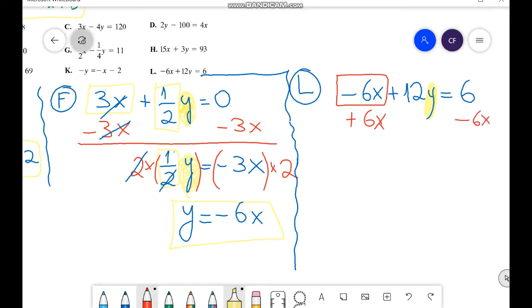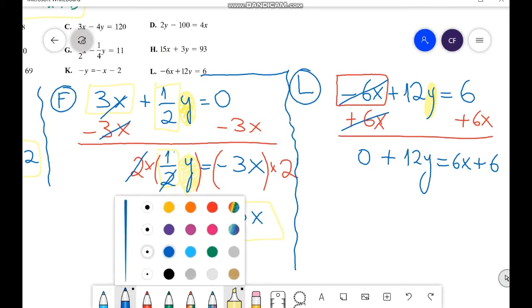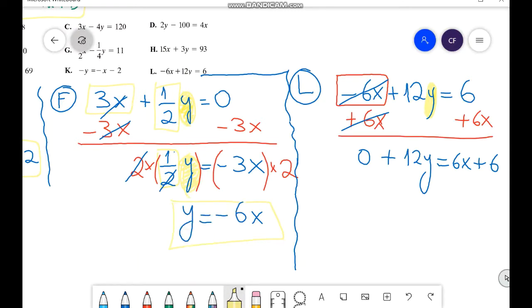So add on both sides 6x, so you can simplify. To simplify here, you're going to have 0 plus 12y equals 6x plus 6, right? Now, that's another thing that's bothering, and this 0 we can just remove, we don't need it. It's the 12 in front of y. We don't want this 12. We want to get rid of this 12.